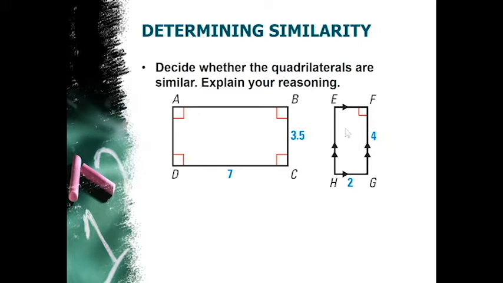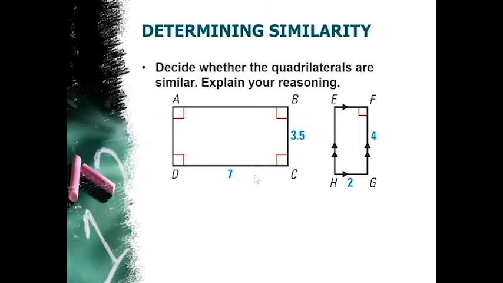Likewise, FG is parallel to EH, which means angle G and H are same side interiors, and angle F and E are same side interiors. So that ends up making E, F, G, and H all 90-degree angles. So our 90-degree angles over here on EFGH match up with the 90-degree angles over here in ABCD.